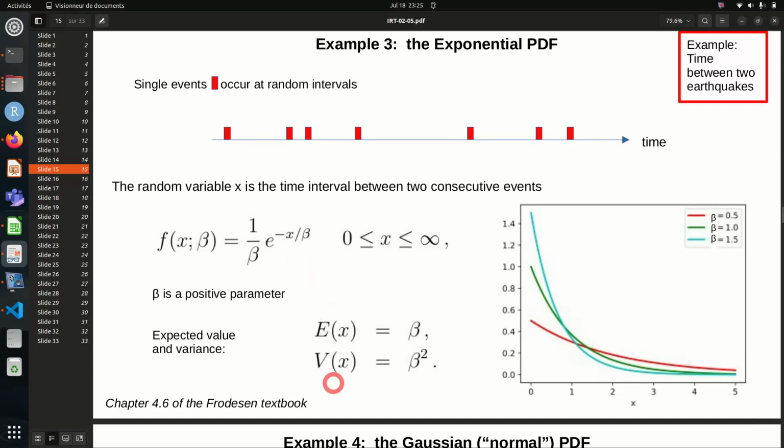And we get these really simple results: the mean value is basically the parameter, and the variance is beta squared, which means that the standard deviation is beta as well. So you can see the exponential PDF, despite how it may look, is in fact pretty simple.